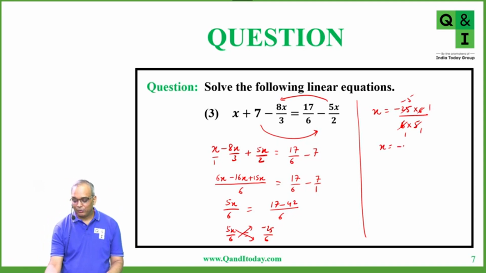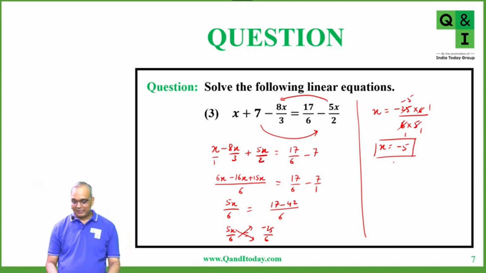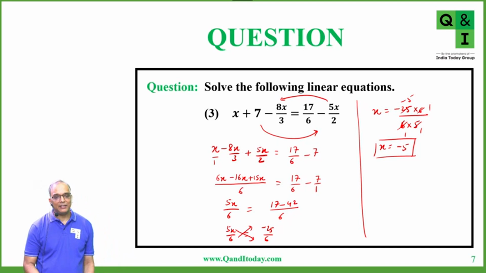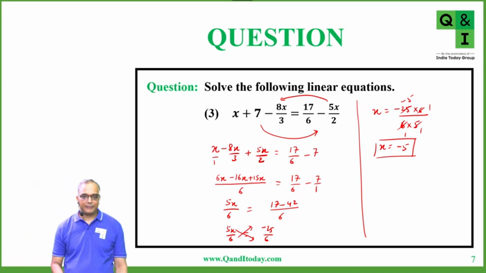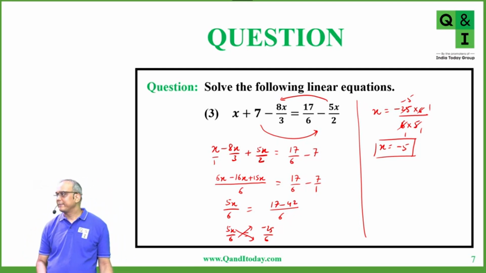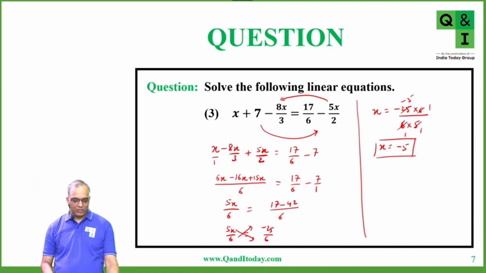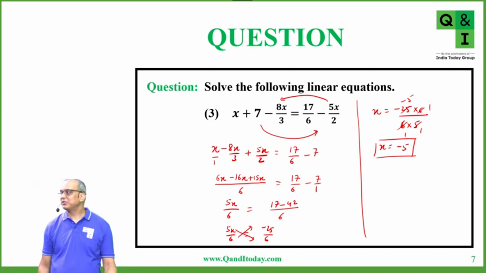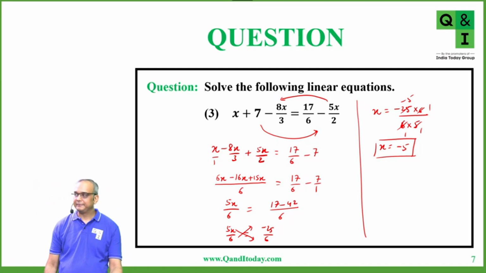So the value is x is equal to minus 5. Is it clear? X is equal to minus 5 is the solution of this linear equation. Quickly note this down. Has everyone understood it? Great.